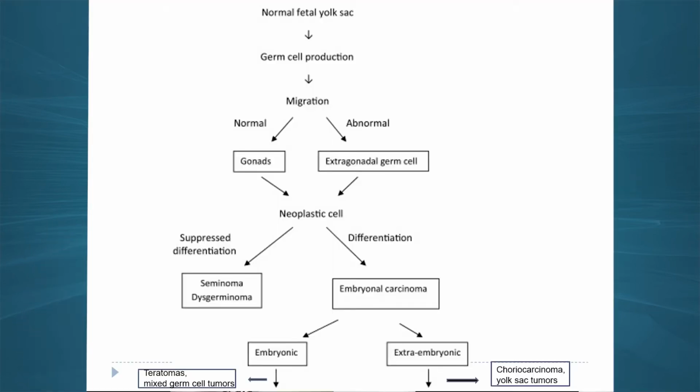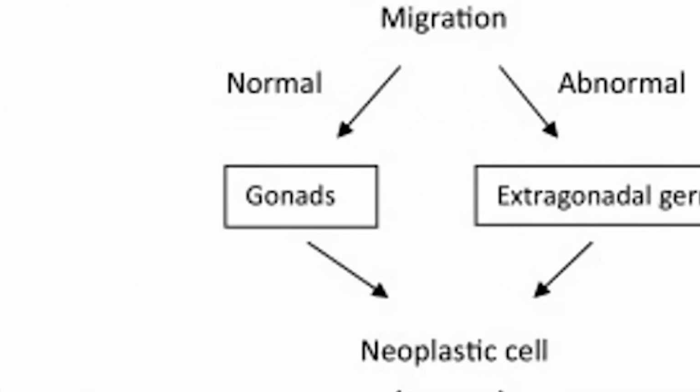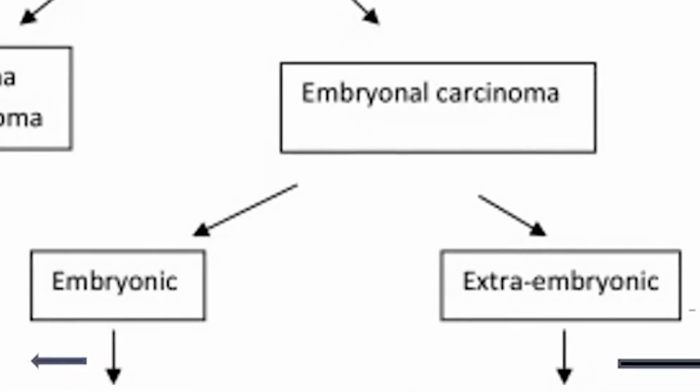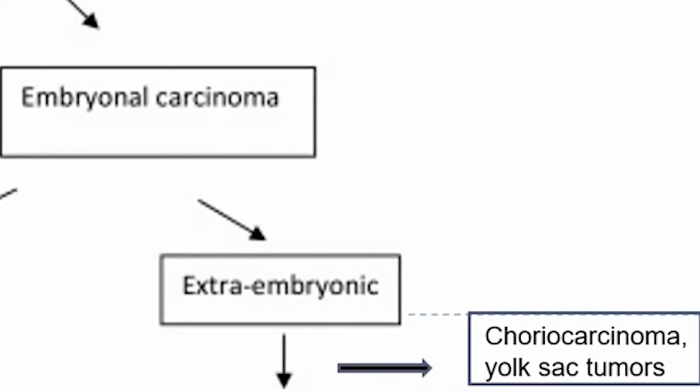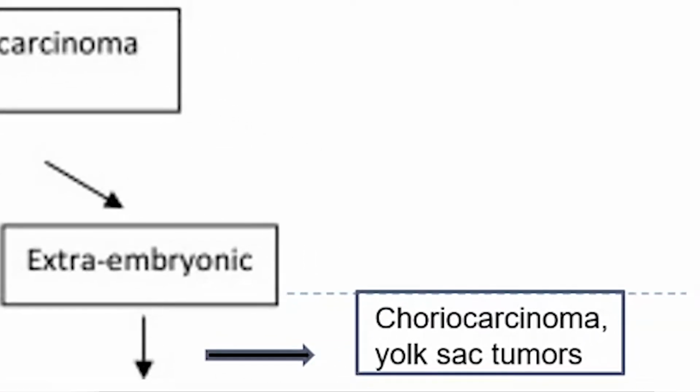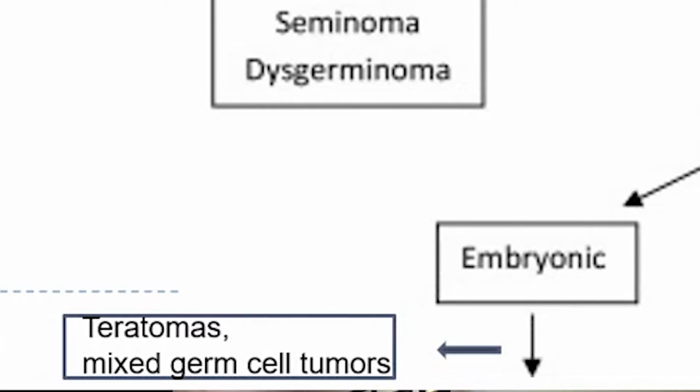Within the gonads, if they differentiate the way they're supposed to, then they can go on to embryonal carcinomas, and then they undergo either embryonic or extra-embryonic differentiation. In that extra-embryonic differentiation, those are choriocarcinomas and yolk sac tumors. And on the embryonic side, they're teratomas and mixed germ cell tumors.